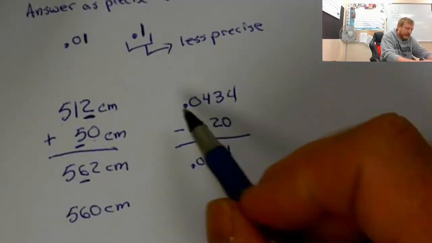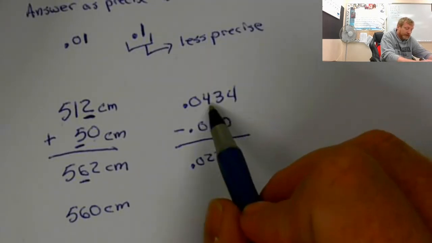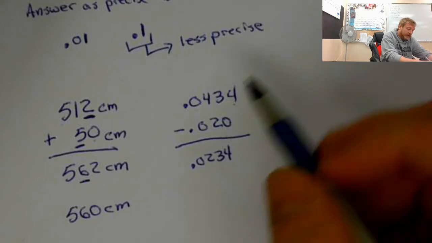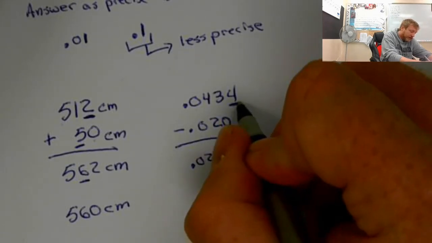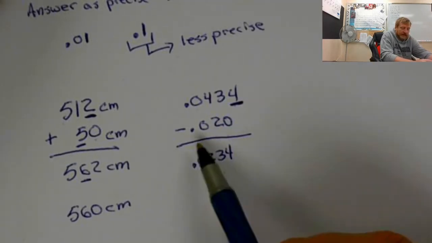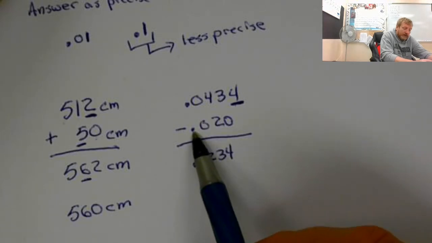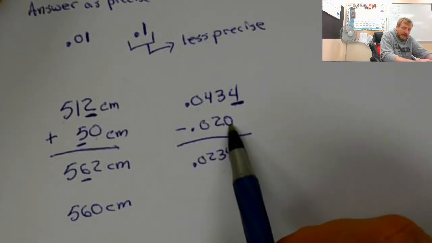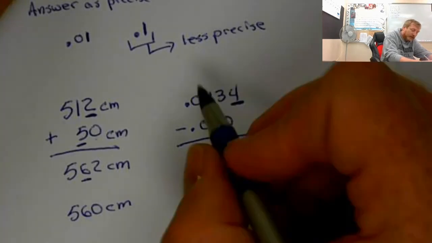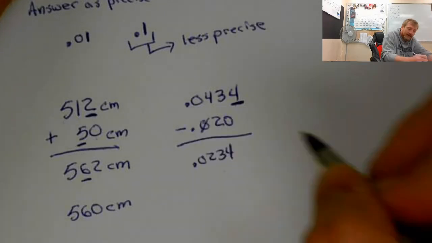On the top number, we're precise down to the 10,000ths place. In the bottom number, though, we're only precise down to the thousandths place. Now, this 0 is significant because this is a number with a decimal, so only the leading 0 was not significant.